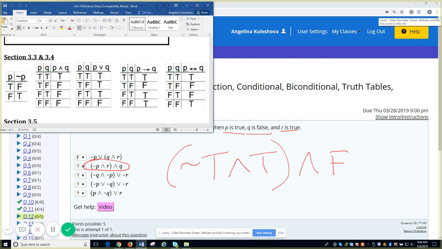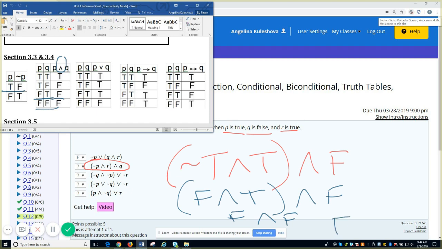So the negation of true becomes false, then it's going to be false and true, still in parentheses, and false. So the AND operator, when the first input is false, the second one is true, is false. So the result of this is false. And then I have AND false. And then false and false is also false. So that whole problem is false as well.